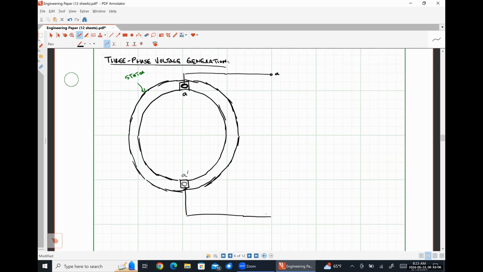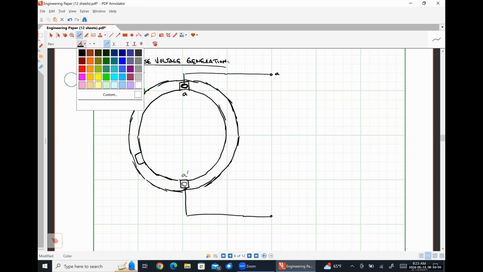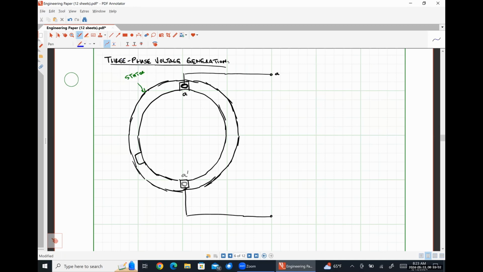And I'm not going to give it a label just yet. Okay. So physically, 120 degrees away along our cylinder from A, we are going to have a B coil. And I'm going to draw this one in blue.